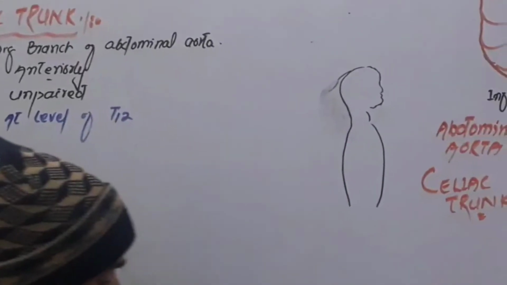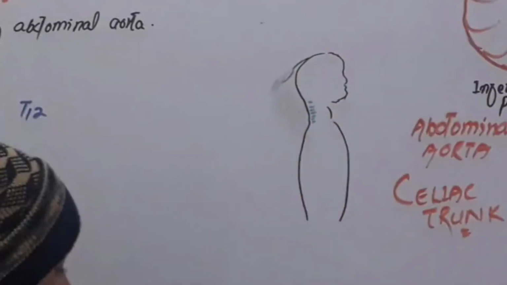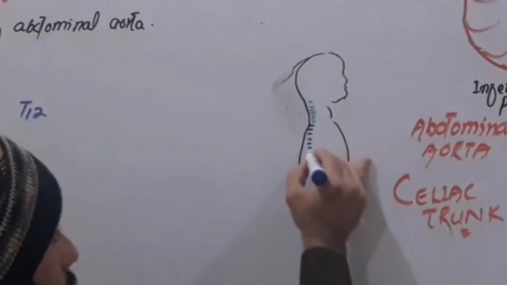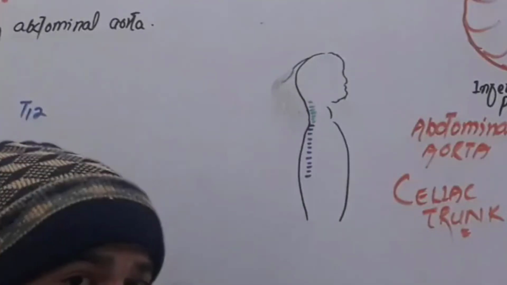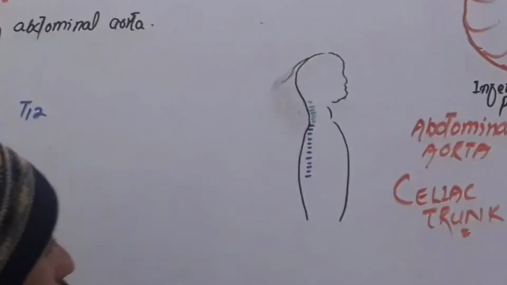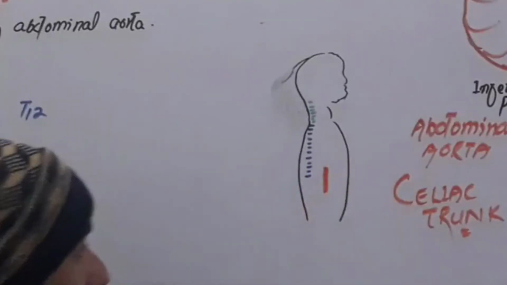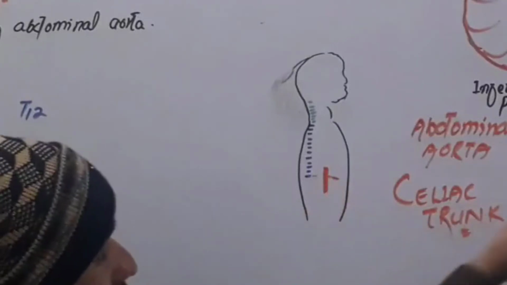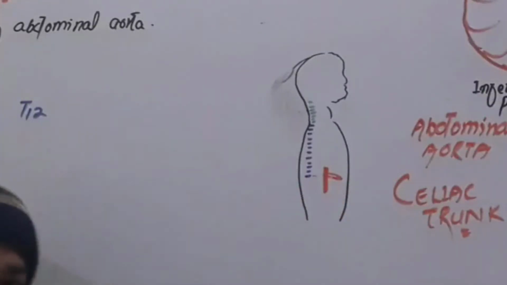You can see here are some vertebrae called the cervical vertebrae, and then there are 1, 2, 3, 4, 5, 6, 7, 8, 9, 10, 11, 12, the 12 thoracic vertebrae, right? Then you can see here is our abdominal aorta, and at the level of T12, this big trunk arises from the abdominal aorta.